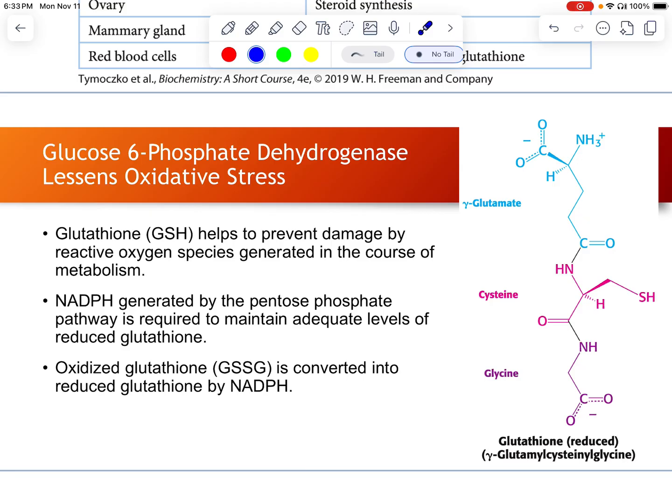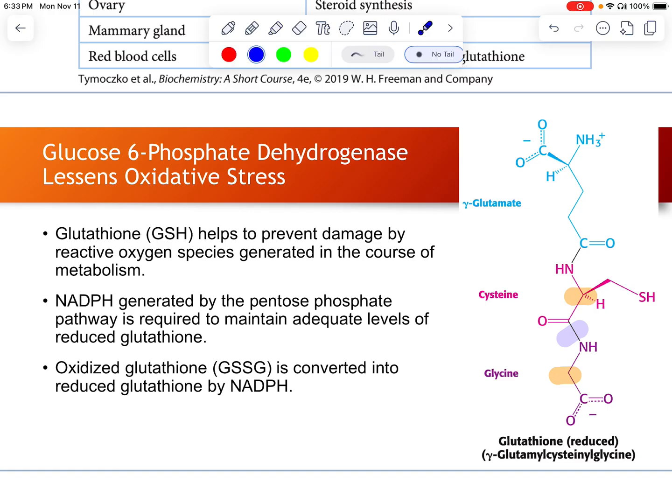So glutathione is made up of a glycine, a cysteine, and a glutamate. That's a little bit interesting. If you look at this, right here was the alpha carbon from my glycine. Right here was the alpha carbon from the cysteine. So you can see this peptide bond right here.